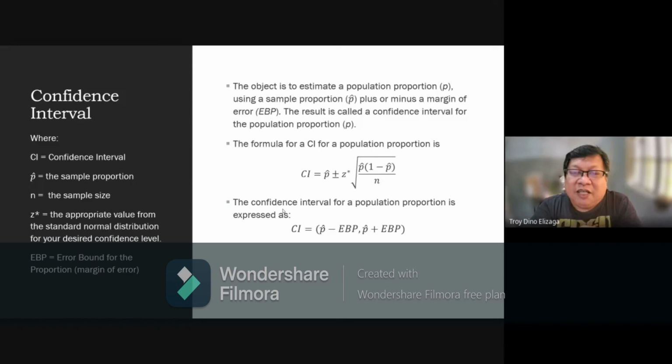The confidence interval for a population proportion is expressed as p hat minus EBP and p hat plus EBP.